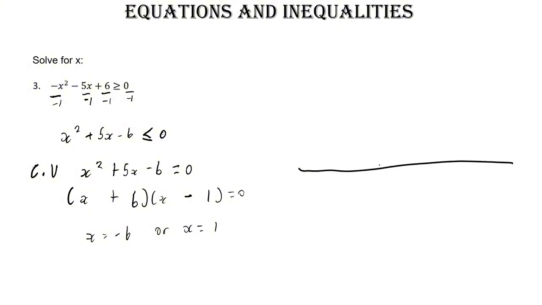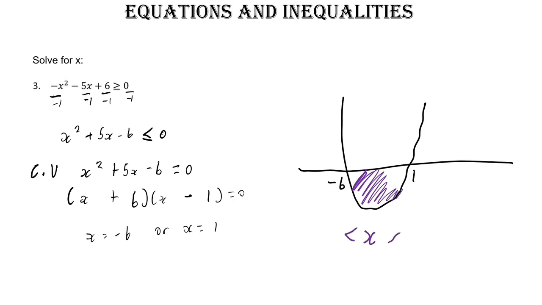Then you draw your parabola just like that. Well, that's a terrible parabola, but it's fine. -6 comes first and the 1 comes after. Then you're going to be looking in this region over here. And I told you a little hack is you can place the x in between over here and place the less than signs in between, and the smaller number will come first and the bigger number will come last. But don't forget, it's included, so you're going to include both of those signs.